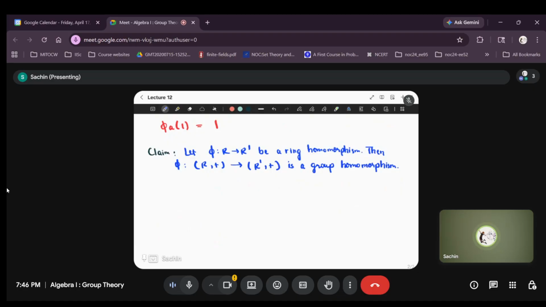A ring with respect to the addition operation is an abelian group, so you can also look at it as a function from the group R to the group R prime. And when you look at it that way, it will be a group homomorphism. So for group homomorphism, we had a kernel, right? The kernel for the ring is the same.